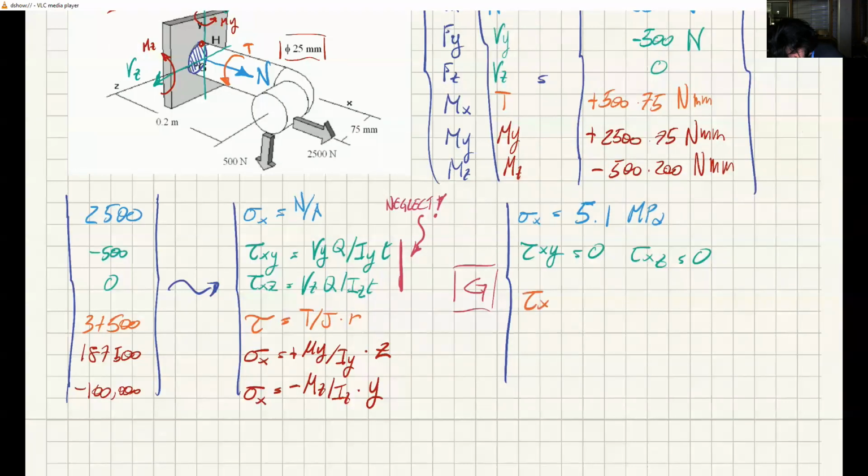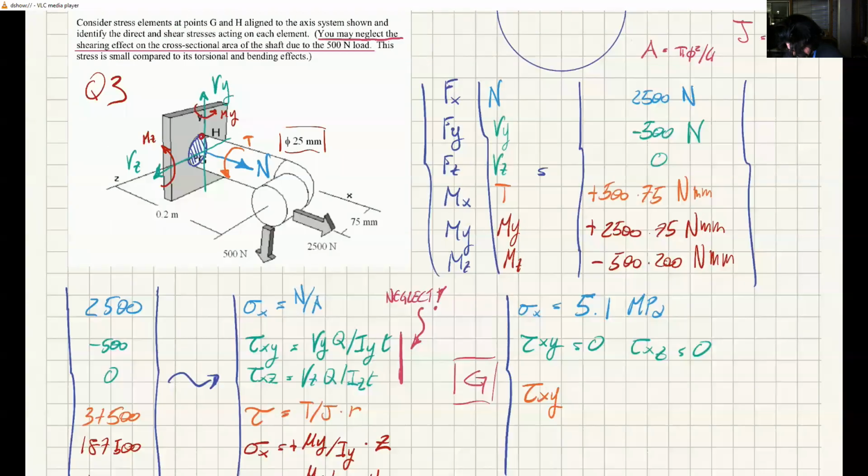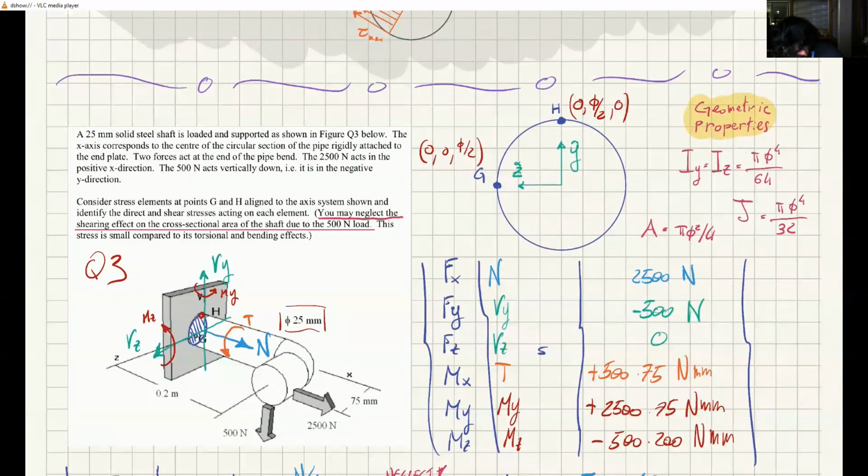I'm saying that G feels this one. This is tau on face X in direction Y, and it's a negative stress because it's in the opposite direction of Y.